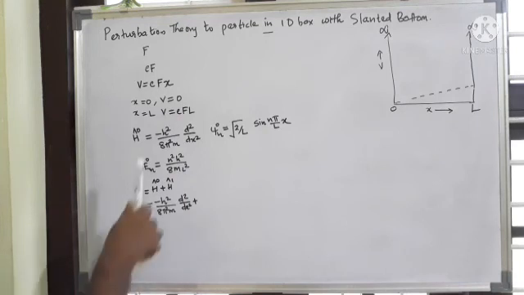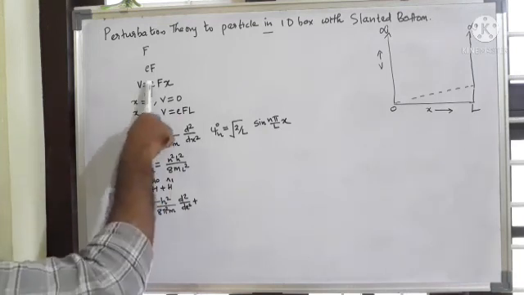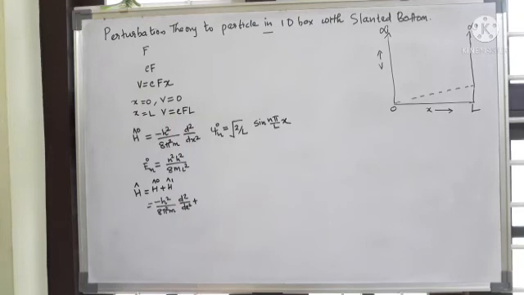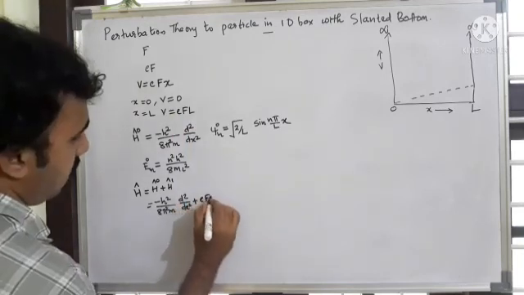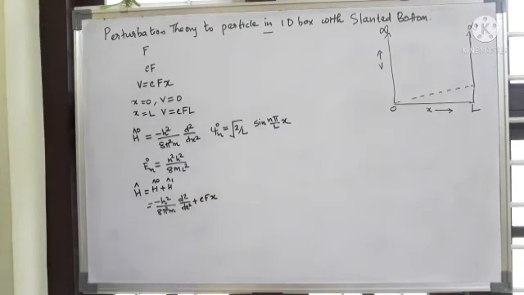It is not EFL; it is the potential energy term, that is EFX. So H cap equals minus h square by 8 pi squared m into d square by dx square plus EFX.